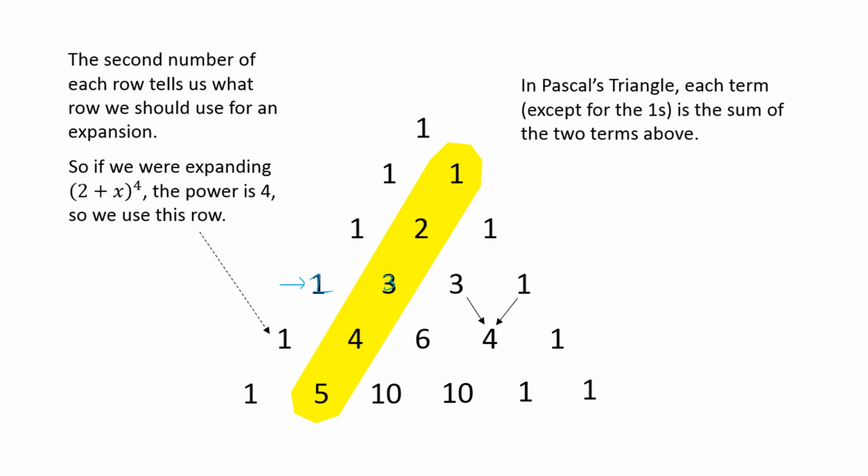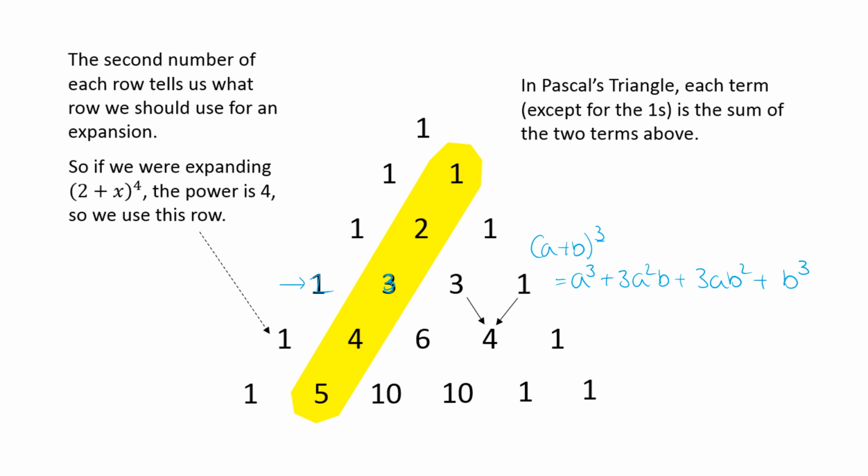So we just did (a + b) all cubed, so that's going to come from the row that starts 1, 3. So it's going to be a³ plus, and then you get the coefficients from Pascal's triangle, 3a²b + 3ab² + b³.